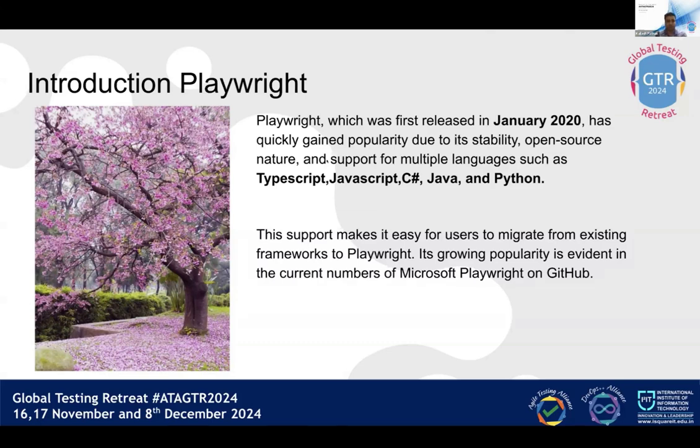They also have an inbuilt GitHub Action. When you install Playwright, you have an option to keep the YAML file for your CI/CD pipeline, yes or no. So a couple of good features in Playwright. I recommend you guys just try it. Let's move to the next slide quickly.